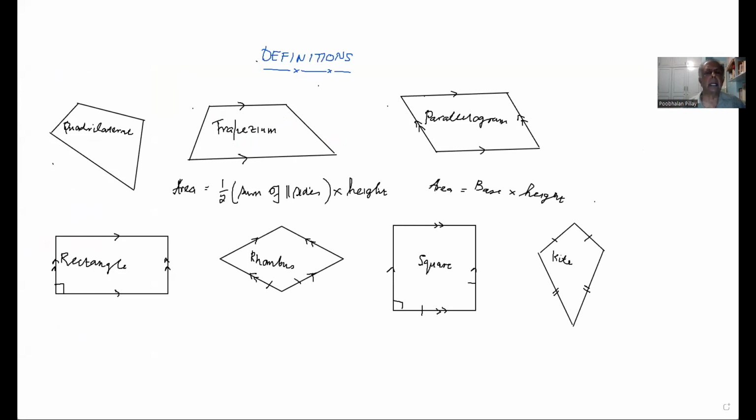While triangles are 3-sided figures, a plane figure which has got 3 straight lines as its boundary, quadrilaterals are 4-sided figures. And there are many special types of quadrilaterals, as we can see in this diagram.